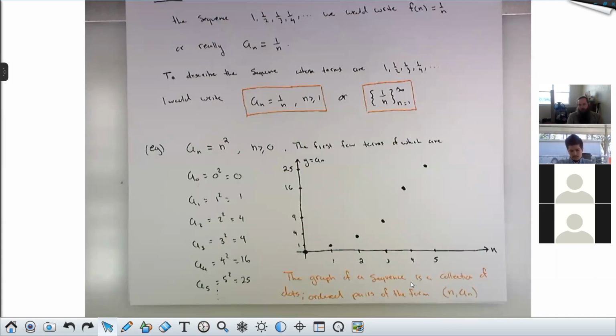So it's just like graphing any other function. A point is on the graph if the input and output pair comes from the relation. So like when I feed this the input 0, I get the output 0. That's why 0, 0 is on the graph. When I feed this sequence the input 3, I get the output 9. That's why the ordered pair 3, 9 is on the graph.